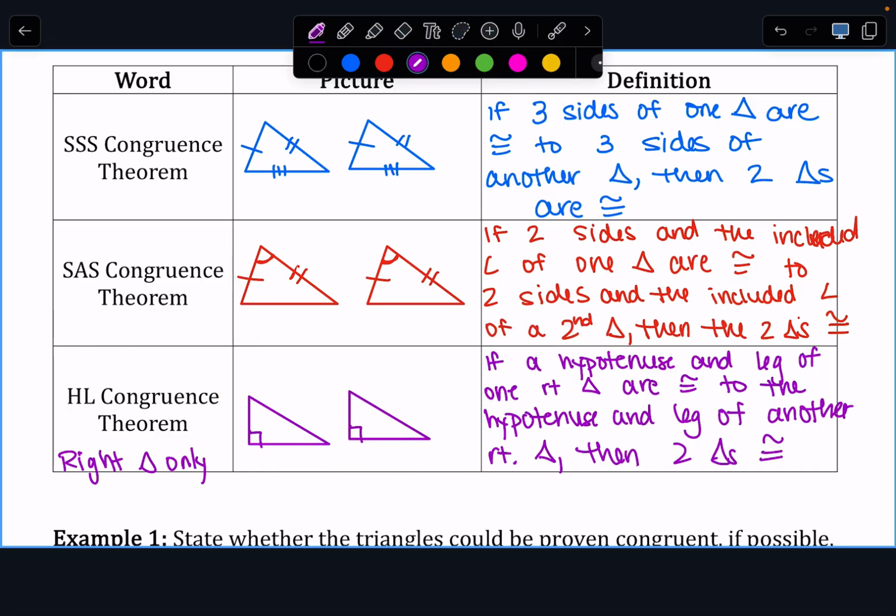Our hypotenuses are congruent and either leg. We have hypotenuse leg because there's no bad words in math. This is the only time we can have 2 sides and an angle that's not in between. Do you see what I'm saying here?